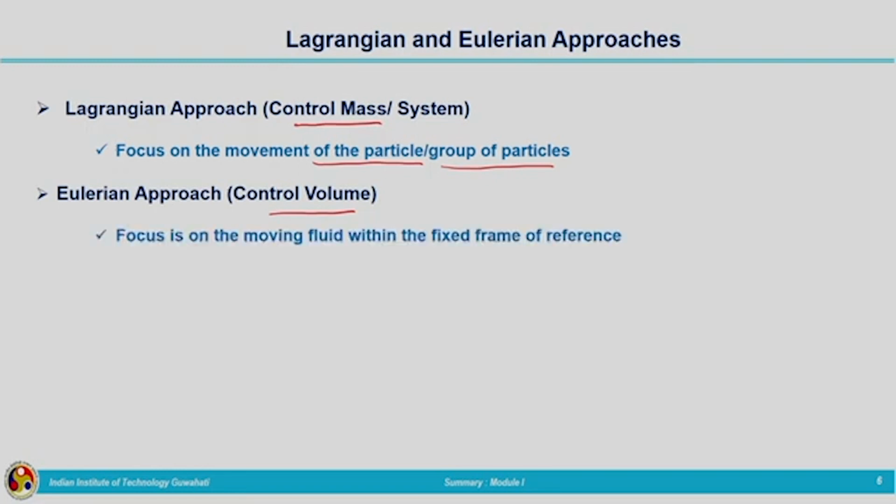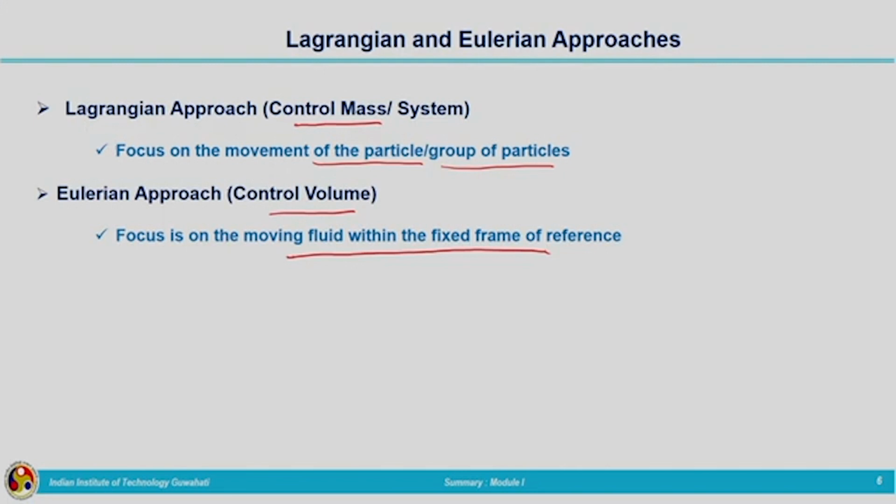In that case our focus is on the moving fluid within a fixed frame of reference. That frame is termed the control volume, and we are not bothered about the fluid which is outside the control volume. What is coming inside and what is happening within the frame of reference is our major concern. Once it has left the control volume, we are not bothered about that. That is the difference between the Lagrangian approach and the Eulerian approach.